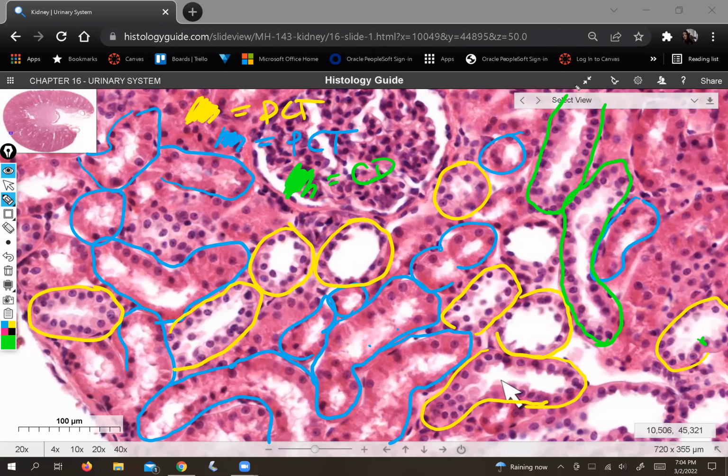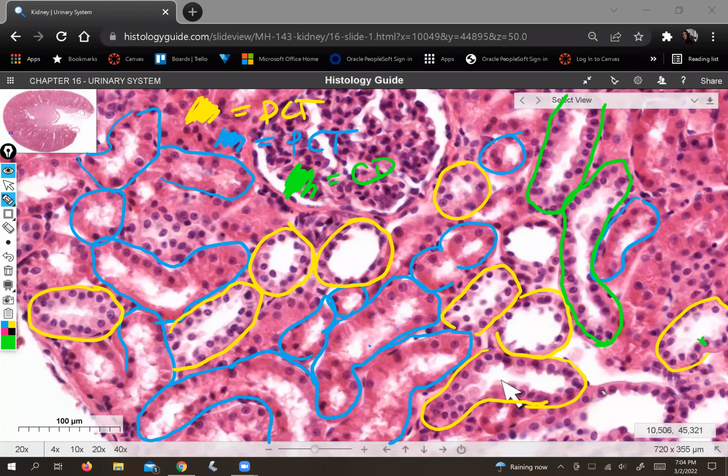So those are going to be collecting ducts. If I pick one of those to show you, I'll make sure I pick one that is accompanied by other branches of collecting ducts, and you'll be able to see them heading into the renal medulla and being part of a medullary ray.